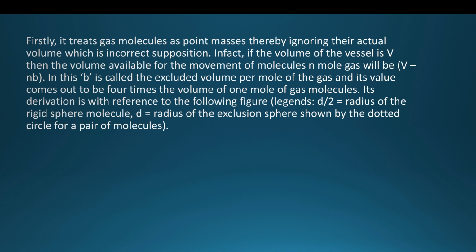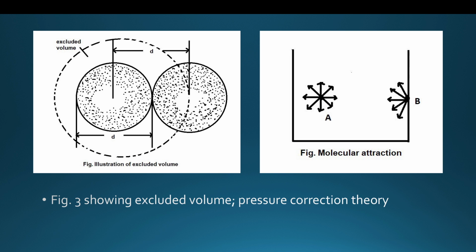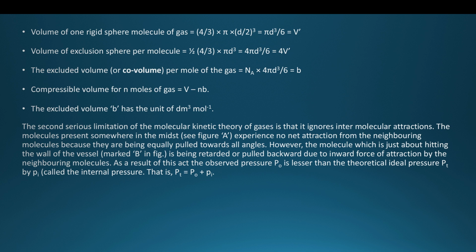So both volume correction and pressure correction have been shown with reference to diagram figure number 3. The first part refers to calculation of excluded volume. The second part refers to calculation of molecular attraction. It has been well explained here.